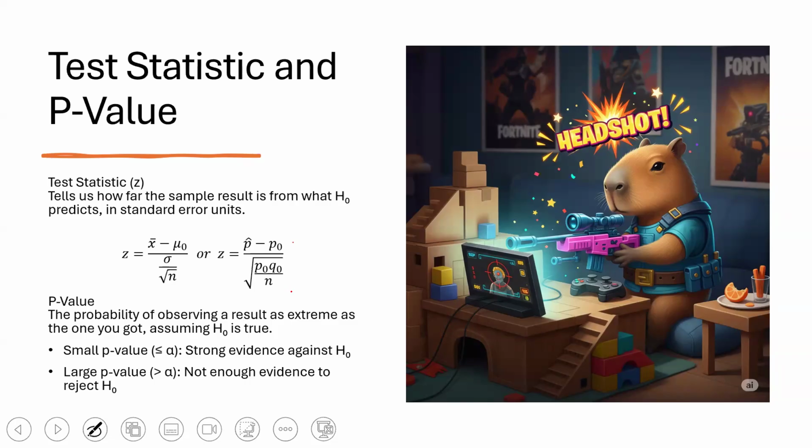Let's say you're testing if players in Fortnite land more headshots than usual. If the usual headshot rate is 20% and your sample of players has a rate of 28%, your p-value tells you whether that jump is statistically significant, or could it have just happened by chance?